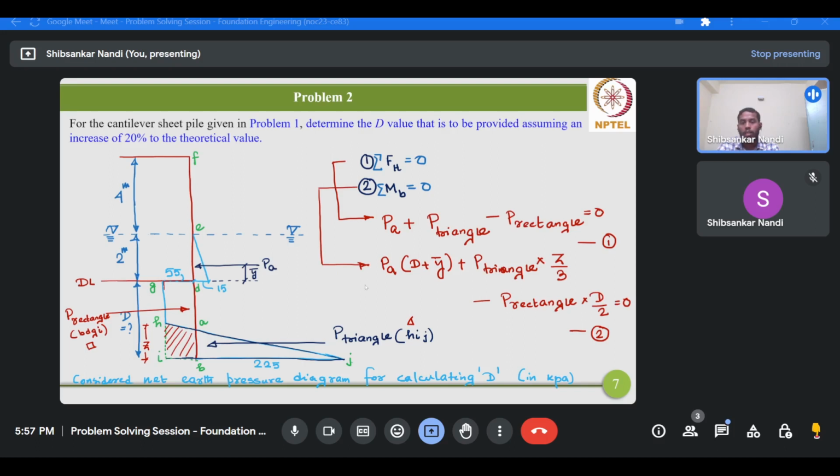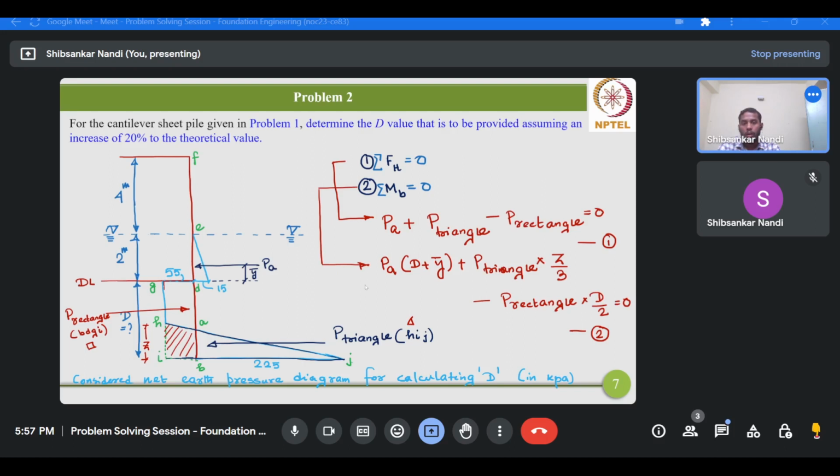So we have to first determine the net earth pressure diagram for the given cantilever wall, then we have to satisfy two basic conditions. The first one is the force equilibrium condition in the horizontal direction, and then the moment equilibrium condition about the base of the wall.